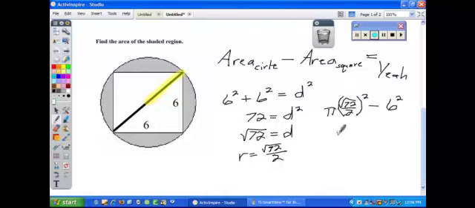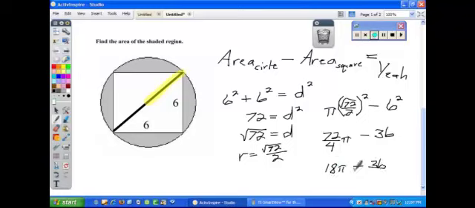When I square square root of 72 over 2, I just get 72 over 2 squared, which is 4, all times pi, minus 36. And then 72 over 4, I can reduce that. Your calculator actually would do this for you, or you can do it yourself, and you get 18 pi minus 36.